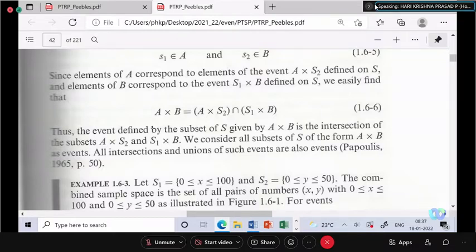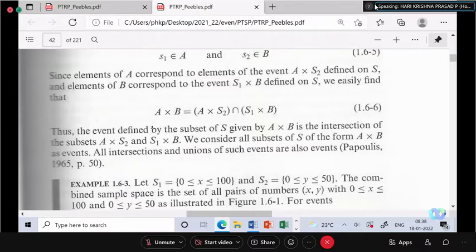S1 cross B is also an ordered pair of elements. When you consider the intersection of the two, we get a combined event denoted by C. So what does this first set mean? A cross S2: the first element is taken from A and all possible elements are taken from S2.